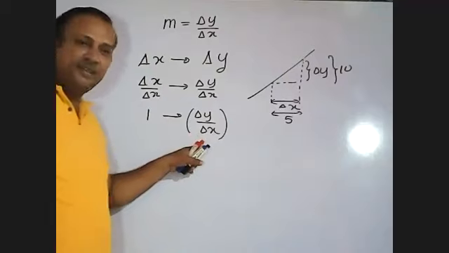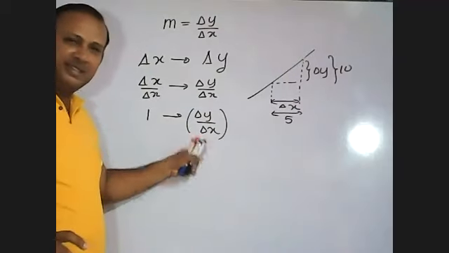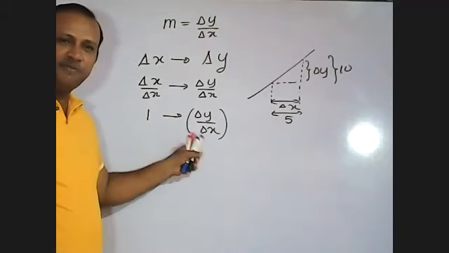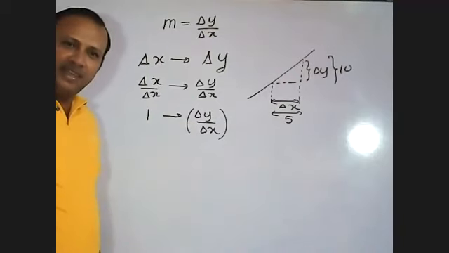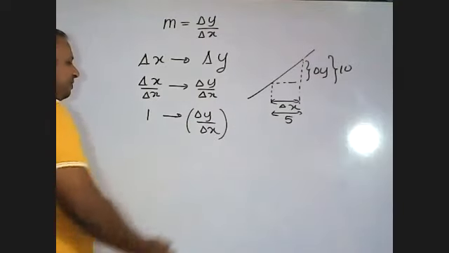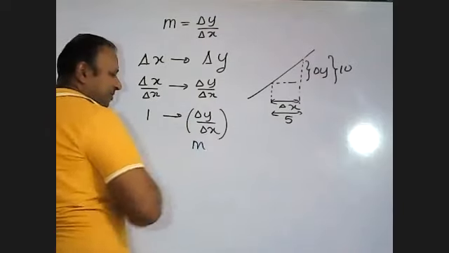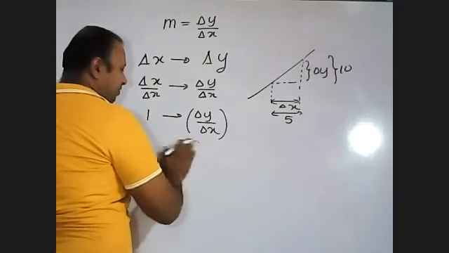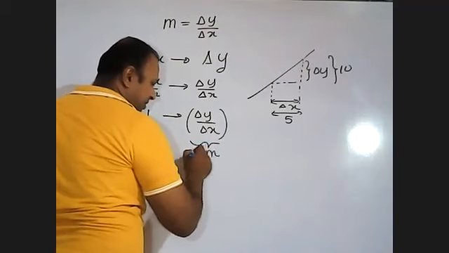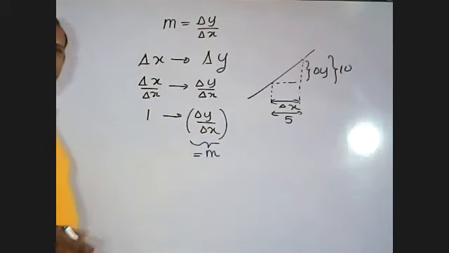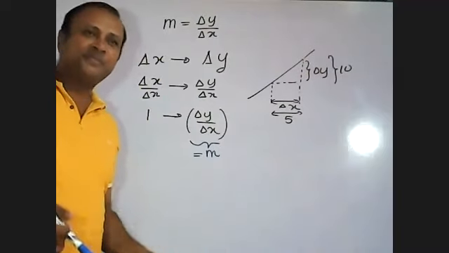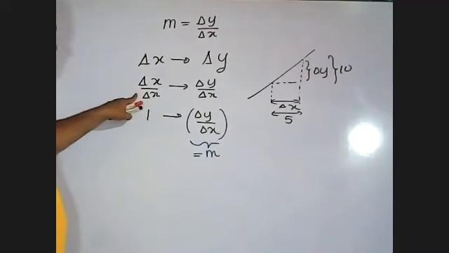So, what is this? This is the gradient. This is equal to the gradient. So, how to define the gradient now? Look at this one.